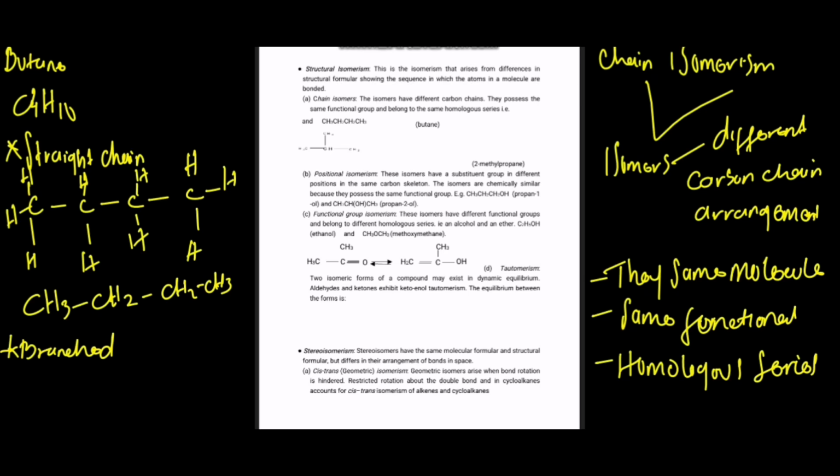This illustrates what a chain isomer is. They have the same molecular formula, the same functional group, and they belong to the same homologous series, but they have different carbon chain arrangements. Like this is the branch chain butane. This is your parent carbon, CH, CH, and CH3, CH3, CH3.